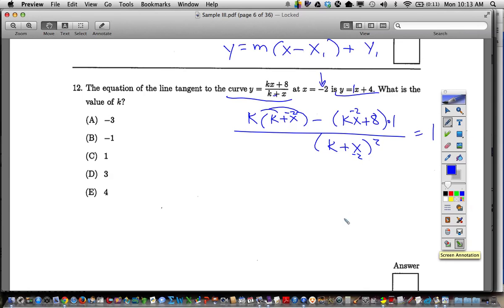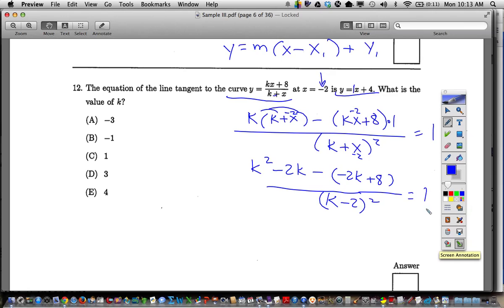When I take k times k, I get k squared. k times -2 is -2k, minus, and then here I would have -2k plus 8. I have parentheses here, so I don't have to distribute yet. Then down here I've got k minus 2, all squared.